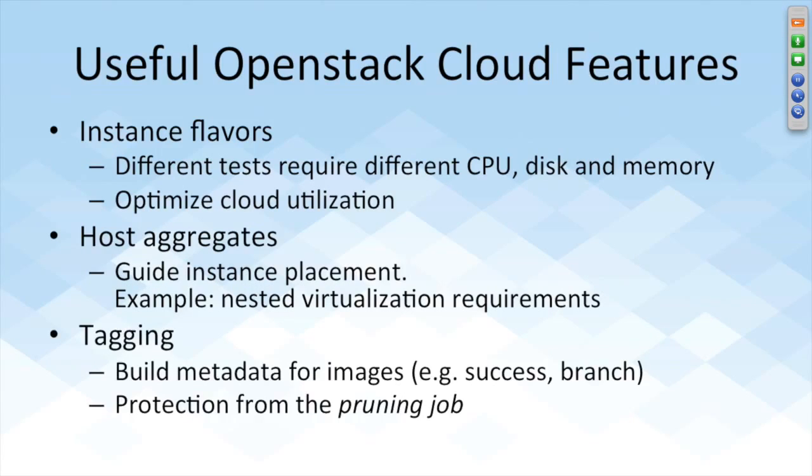And finally, tagging. We've talked a lot about this. We use tagging everywhere. We tag our instances, we tag our images, and we use those tags for many, many different purposes. And tagging with OpenStack is incredibly easy, and it's very easy to look up objects based on those tags.